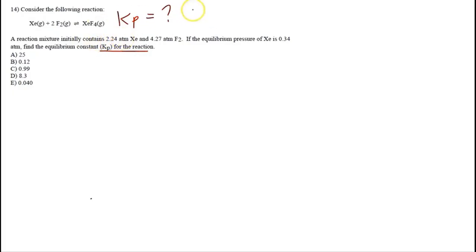So it's still going to be products over reactants, but now because of partial pressure, it's the partial pressure of XeF4, divided by the partial pressure of Xe, times the partial pressure of F2 squared. So we do get our mass action expression, and this is what they want us to solve for. Let's go ahead and do it.